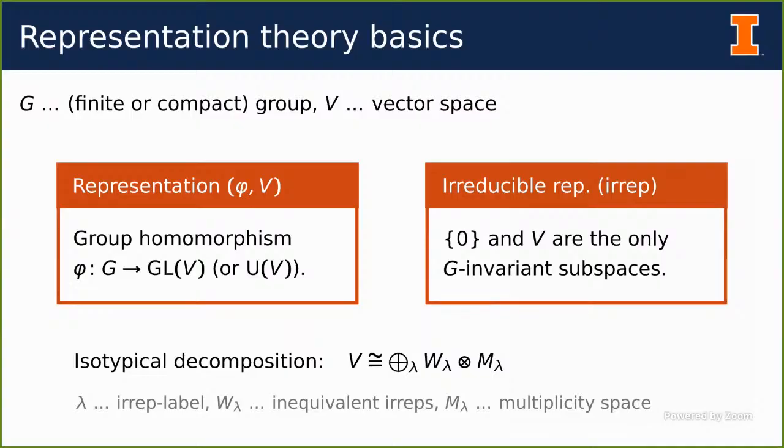For the groups that we care about, it's known what labels these irreps and what they look like. And the groups that we talk about always have a certain set of irreps. So when I decompose my space, I can group them by whether they're isomorphic or not. Yeah, so I will typically find these irreps with a certain so-called multiplicity. And then this isotypical decomposition gives me a decomposition of the space into these irreps that I can now use to try to simplify the objects that I talk about.